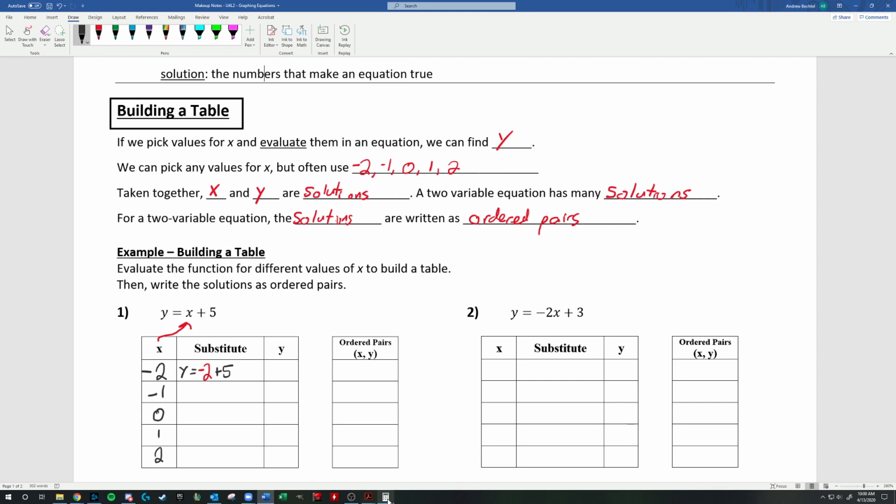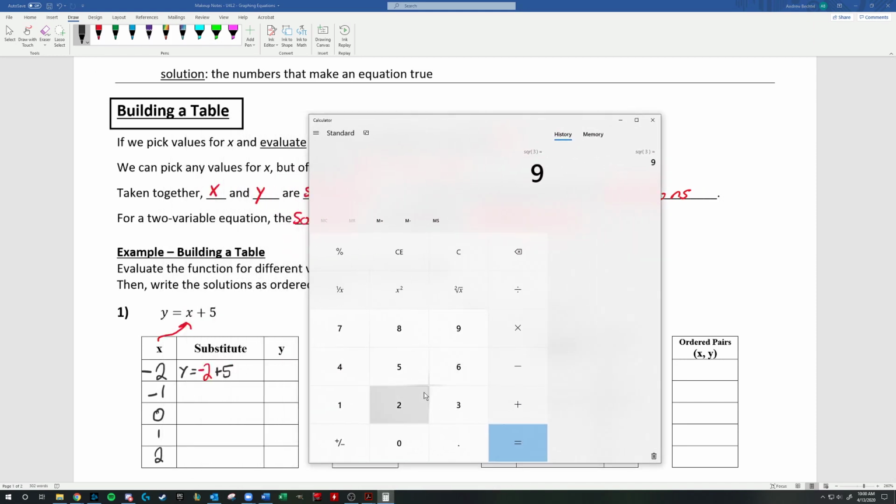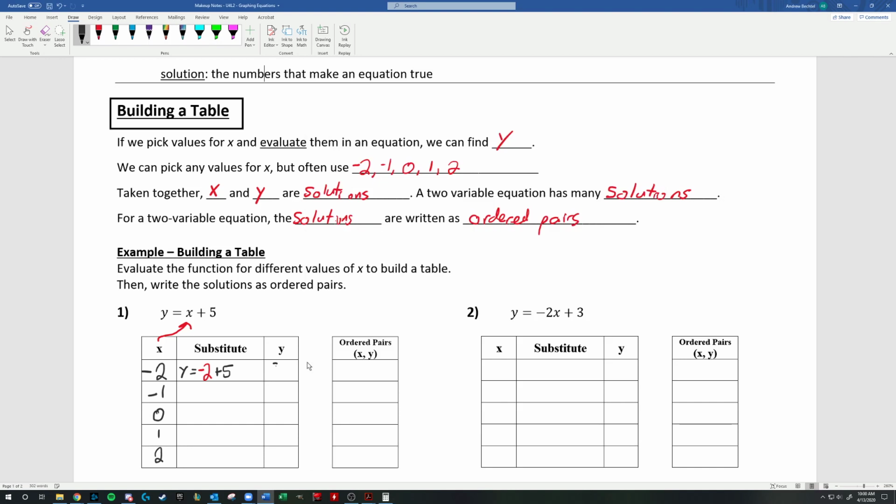If you're using your school computer, you should have the calculator app built in. What you need to know is you're going to push 2 first, then you're going to push negative. So you have to press this +/- button after the number, add 5. There we go. We're going to get 3. So there's our y value.